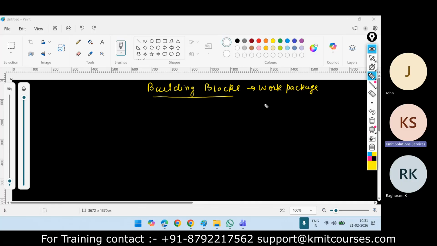It can be anything which is serving a model, which is serving a solution. For example, an operation support model could be a building block. So what is a building block? The building block is a package. What kind of package? It is a package of functionalities.